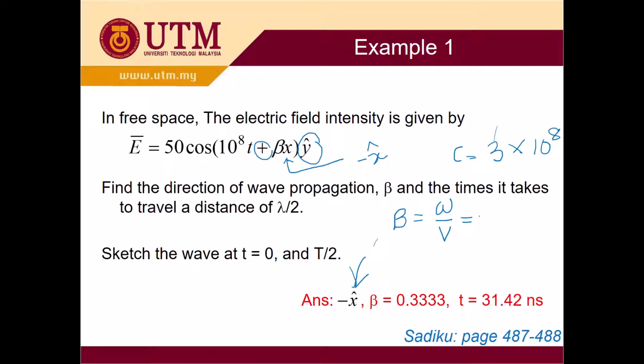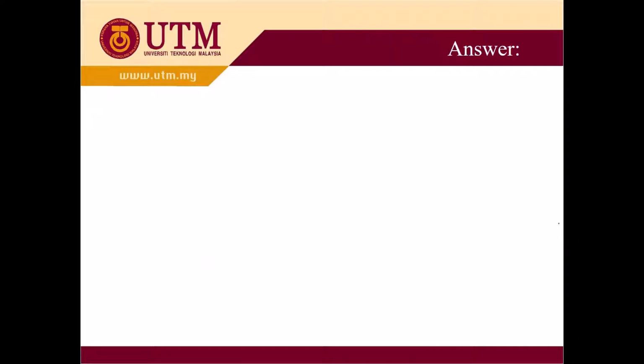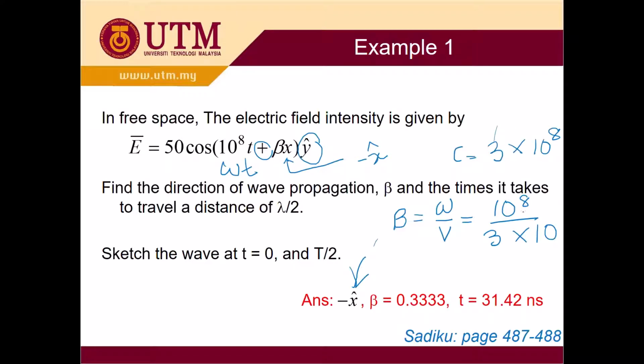Here omega is 10 to the power of 8, because this is omega t. So divide by 3 multiplied by 10 to the power of 8. The 10 to the power of 8 cancels out, so 1 over 3 is equal to 0.3333. Okay, so we settle the two questions.